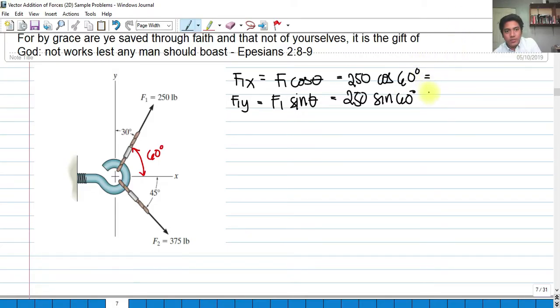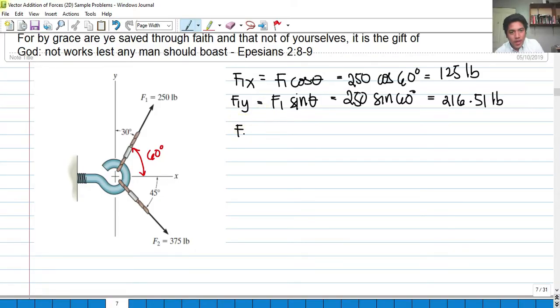This turns out to be 125 pounds, and this is 216.51 pounds, not newtons, pounds. So that is our F1x and F1y.